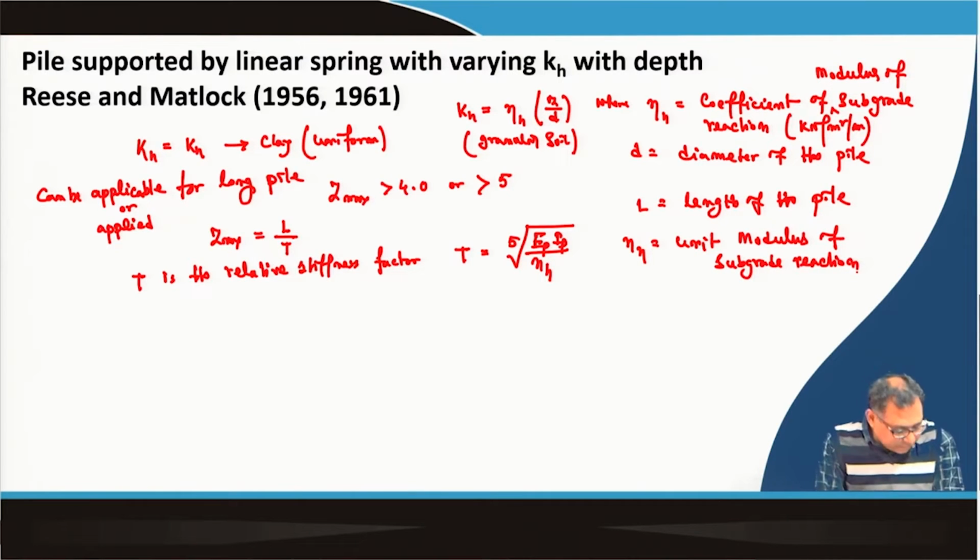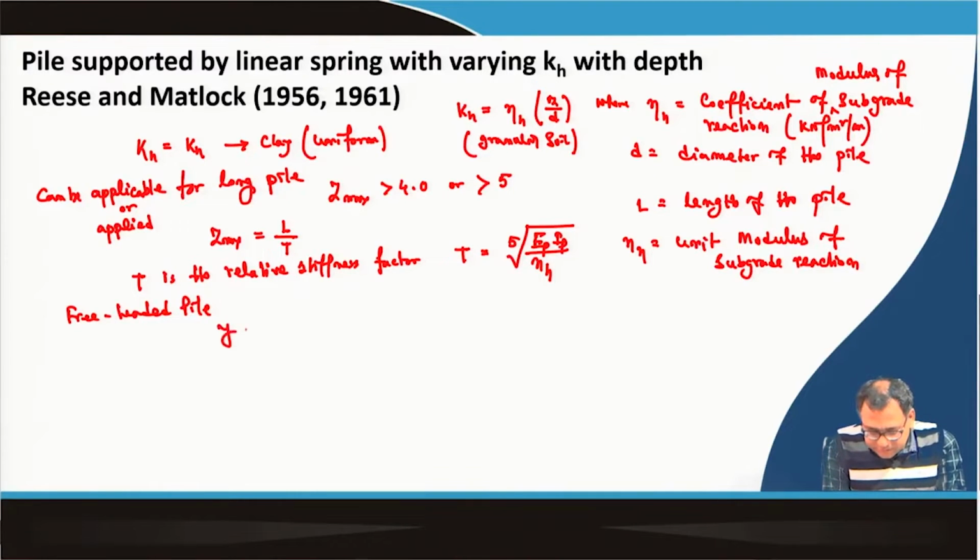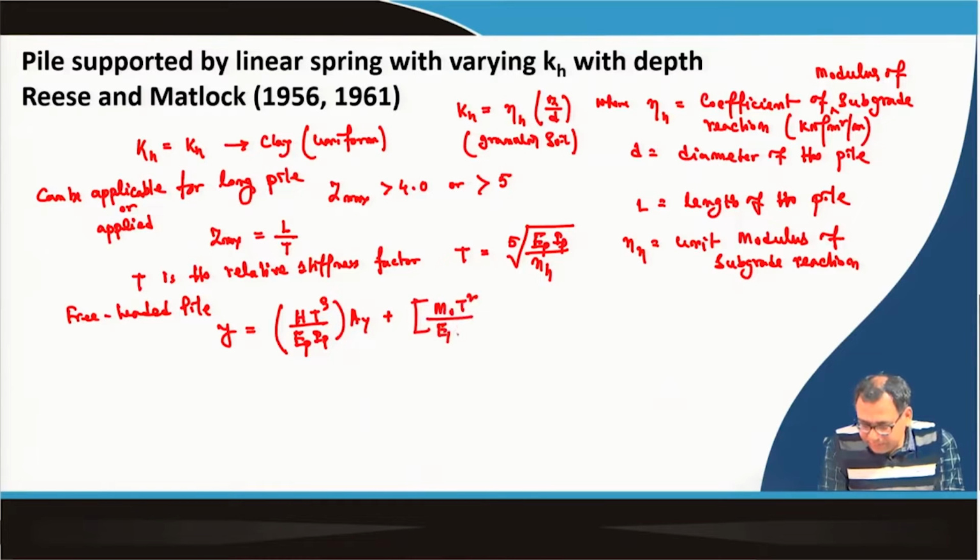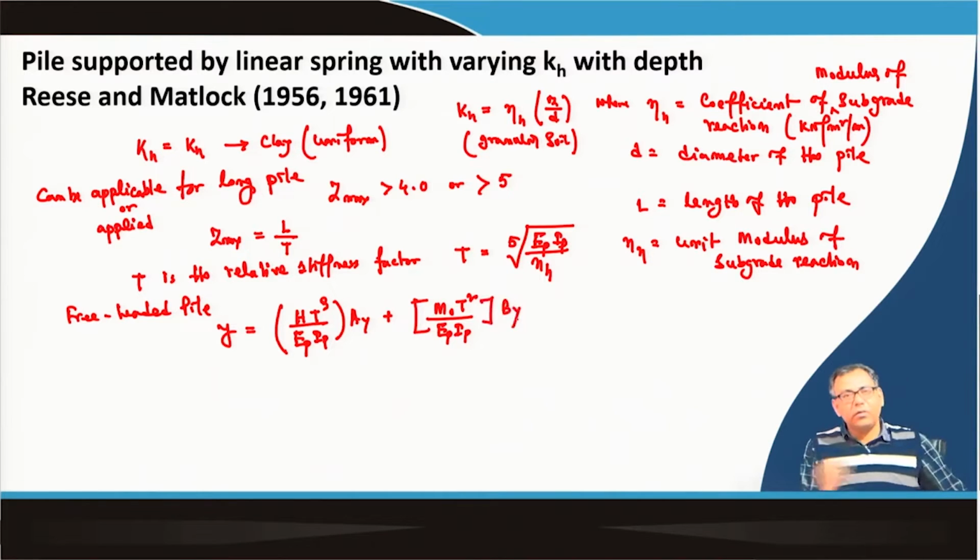Okay. Now, for the free head pile, the expression for the deflection can be calculated as H T cube divided by Ep Ip into Ay, plus M0 T square divided by Ep Ip into By. So, Ay and By are the coefficients.